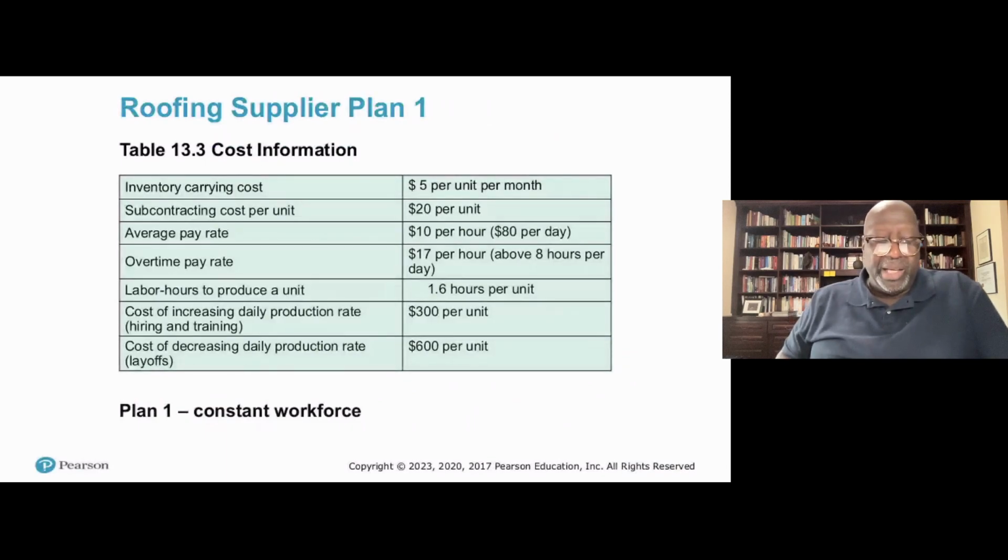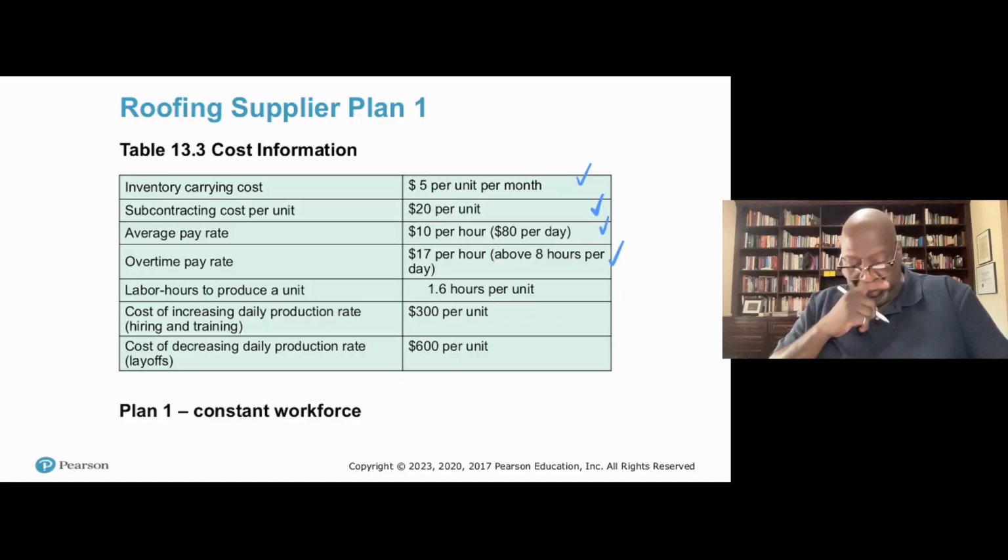The excess demand is satisfied from the inventory itself. Okay, so in a case like that, you would look at your cost information: the cost of carrying a unit of inventory per month, subcontracting if you decide to subcontract instead of carrying inventory, average pay rate per worker, overtime pay rate, labor hours to produce a unit, 1.6 hours per unit.